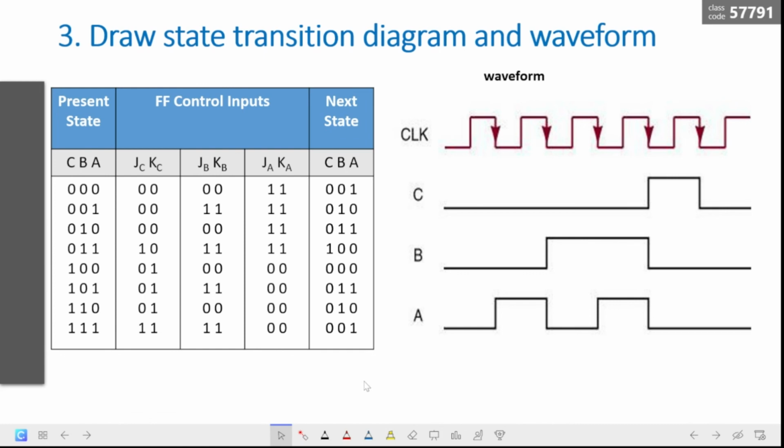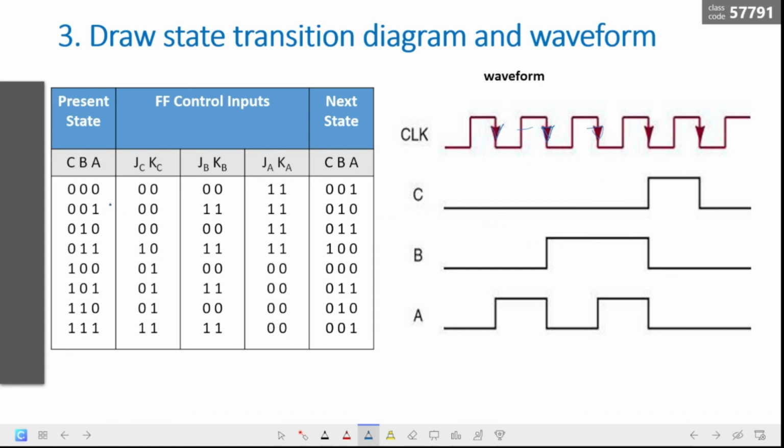Finally, we have drawn the state transition diagram, and now we can draw the waveform based on the table. Remember, we're using negative-edge triggered flip-flops, so all the transitions will happen at the clock transition from high to low.